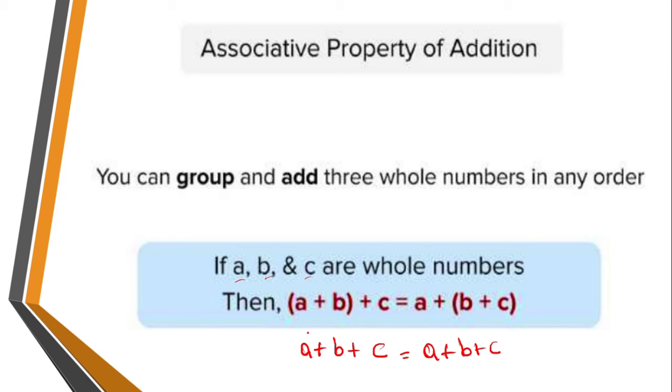We will group A and B in the first operation. Why? Because it means that first we will do A plus B and then add C. Here we will group B plus C. Why? Because here we will do B plus C first and then add the sum to A. Right. So you can see the difference, right?